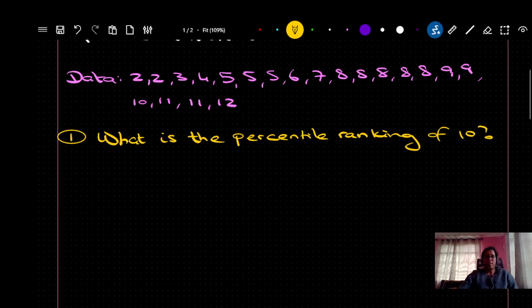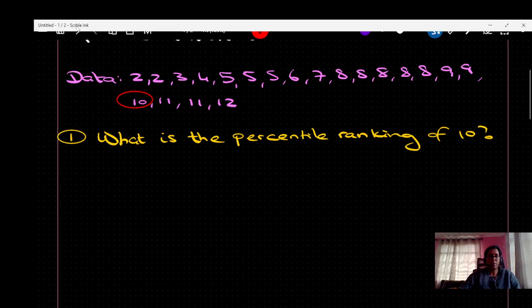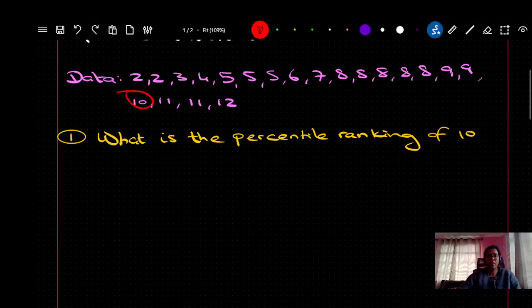Where do you see the number 10? It's here. Now, what is its percentile ranking?